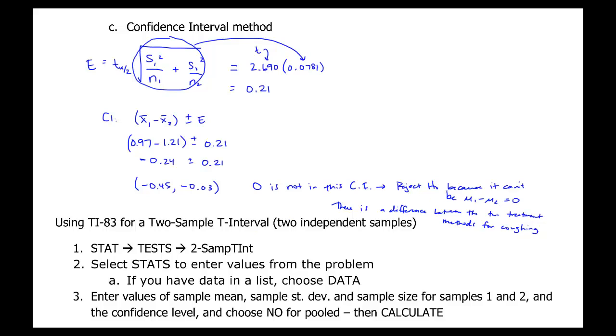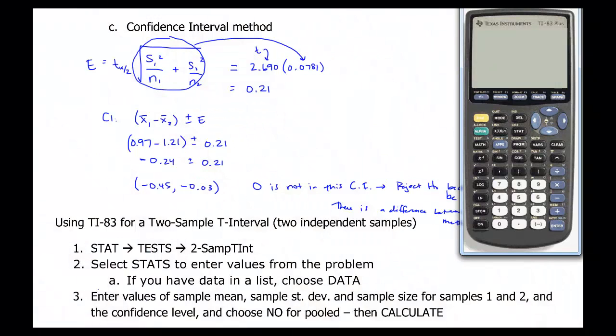Okay. So your calculator will also calculate a two-sample t interval. So in the stat menu, going to tests, we have to arrow down until we find two-sample t interval. Again, you can choose between data and stats. So if you had lists of data, you can use data.